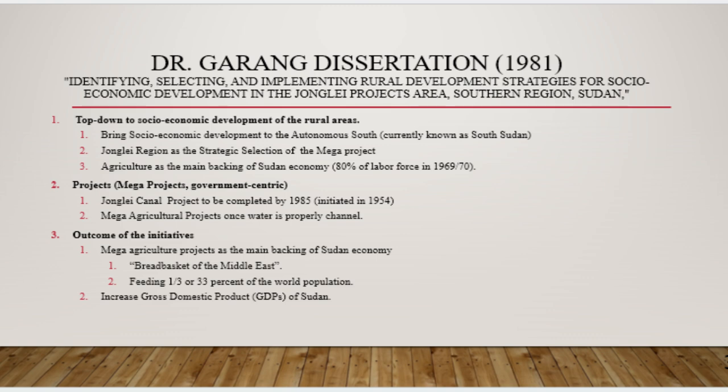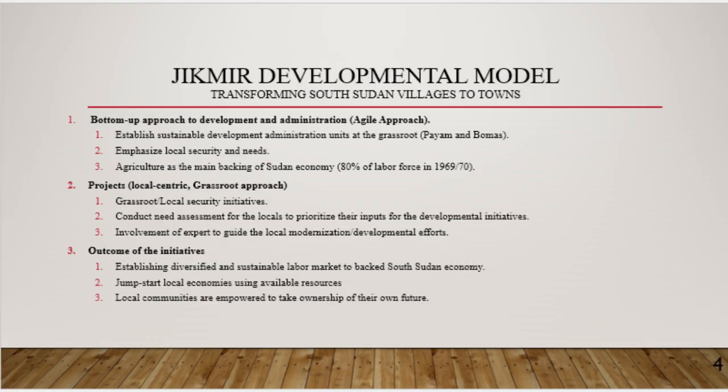How is it different from the Jikmir Development Model? The Jikmir Development Model is a bottom-up approach to development and administration, which in that sense is an agile approach to development, where it's going to be at smaller areas but can also be responsive to change. So what does that mean?